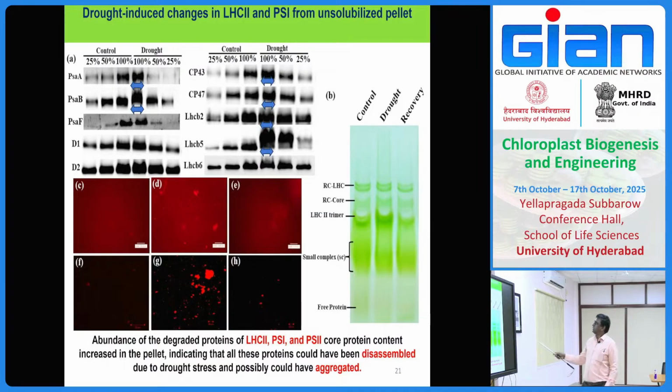So now, to show that, we have done all these, which is very interesting, to understand the aggregation. We solubilize the thylakoids. You can apply this to any research, not only the chloroplast, even in many other studies. This can be any disease, even human diseases also.